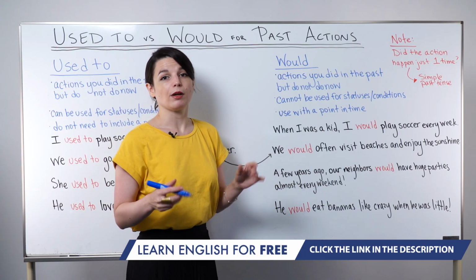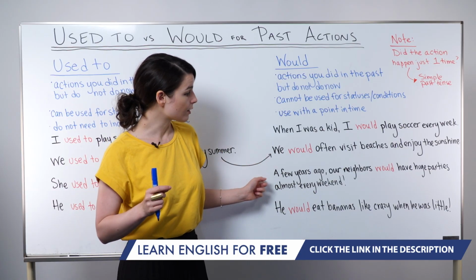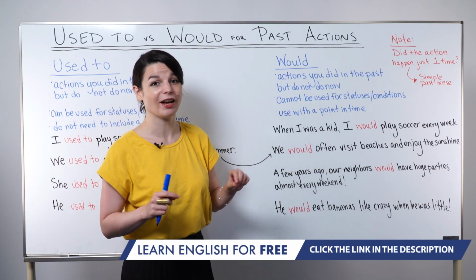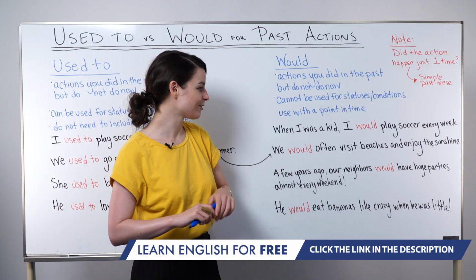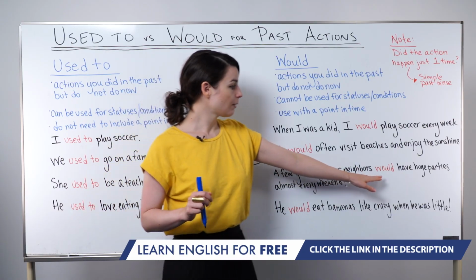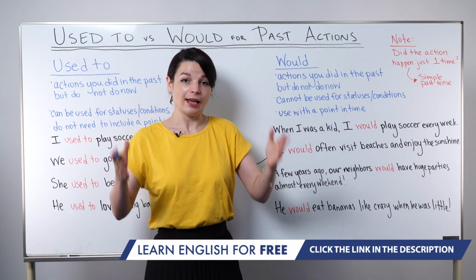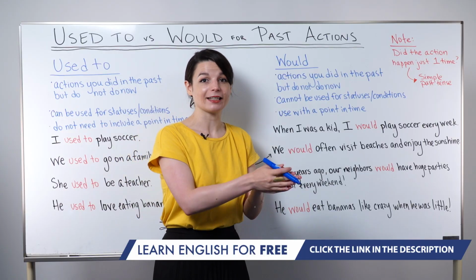Here, another time period at the beginning of the sentence. A few years ago, our neighbors would have huge parties almost every weekend. So here, the regular action is the neighbors having huge parties. And we see here every weekend, so this is again a regular activity.